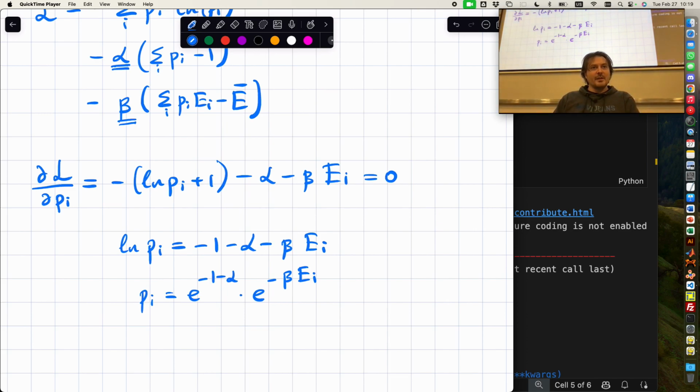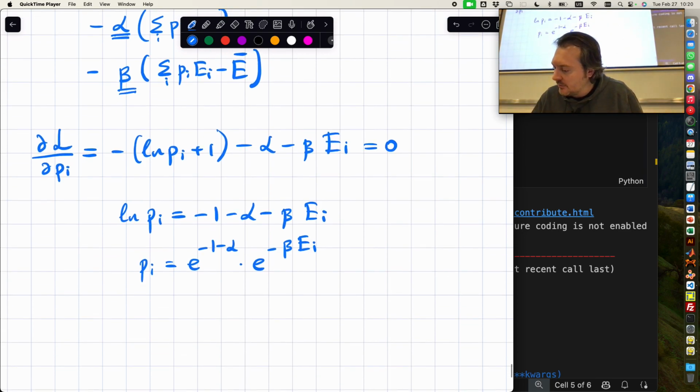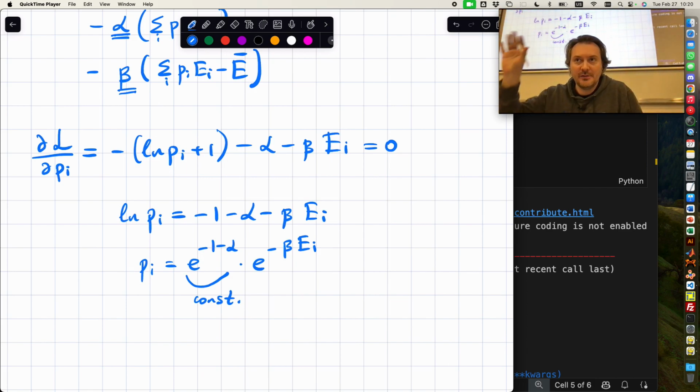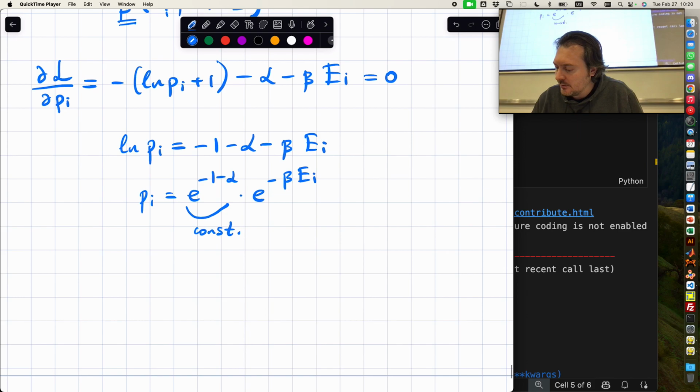Okay? So it's no longer equal. This time it depends on energy, right? What it is telling you, so this is a constant. This is a constant that you can derive from normalization, whatever. What it is telling you is that Pi, the probability of being at a certain energy, is proportional to e to the minus beta times Ei.